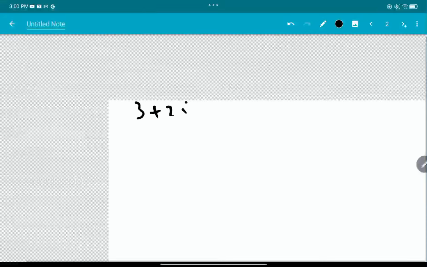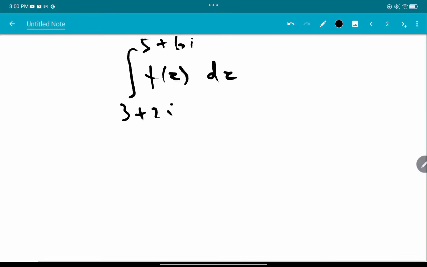Why is the question wrong? Because the questioner has not specified the path along which this integration is to be carried out.